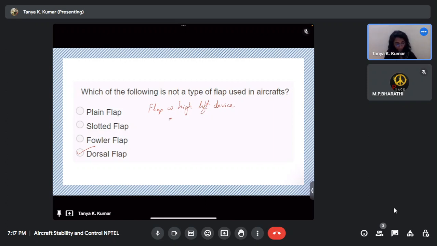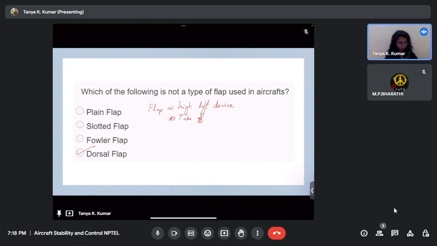So it's a high lift device that is deployed during takeoff and landing to increase your lift. Your cross section of the wing and the tail wing has a certain design CL and design CL max, but you want it to be more during takeoffs, right? So at that time you deploy this flap, you deflect it or deploy it depending on the type of flap, and it provides you with greater lift.